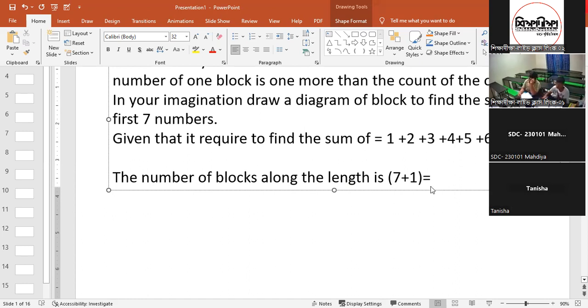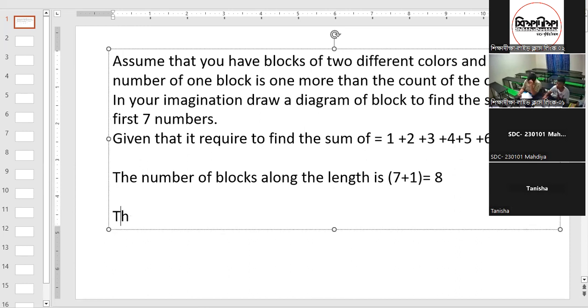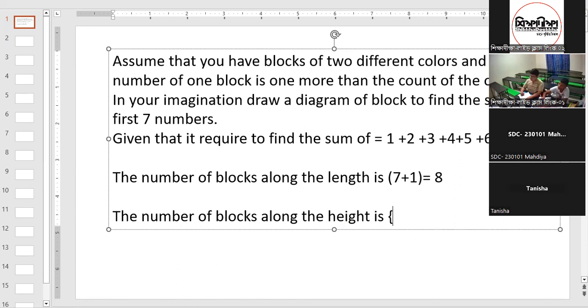So how many blocks we have? We need actually 8, right? The number of blocks of the height is 7. Vertically we get 7, right?